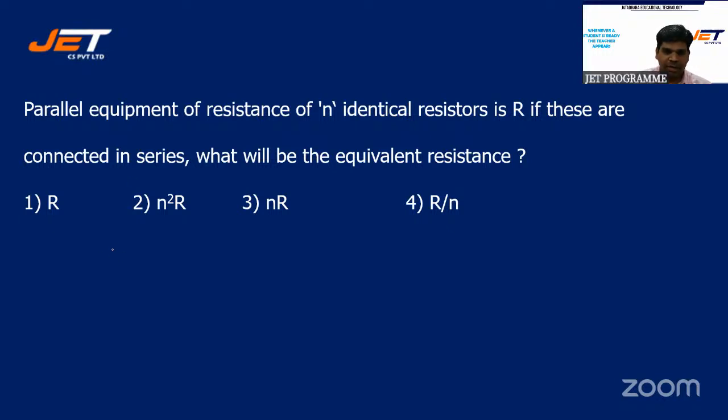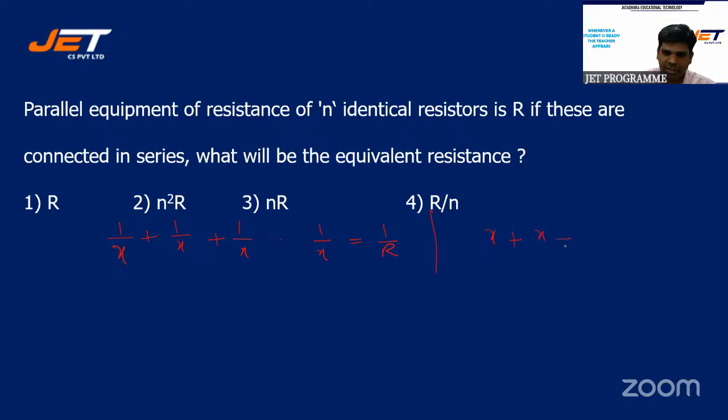I've got n identical resistors. Let each resistance be X. They are connected in parallel. So 1 by X plus 1 by X plus 1 by X, so on n terms, is equal to 1 by R effective, which is R. Now, if these are connected in series, what happens?